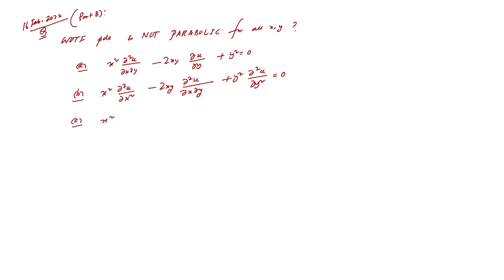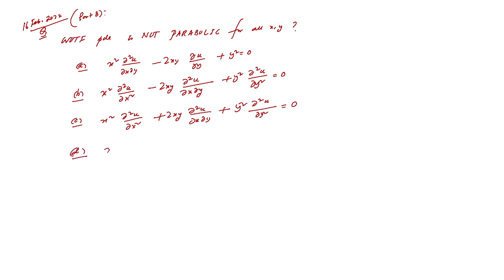Option C: x square del 2u del x square plus 2xy del 2u del x del y plus y square del 2u del y square equals 0.